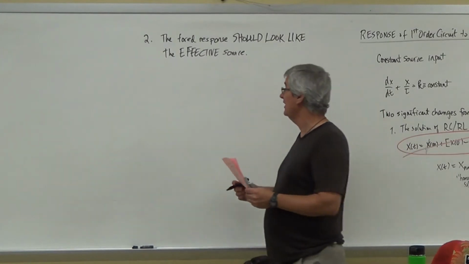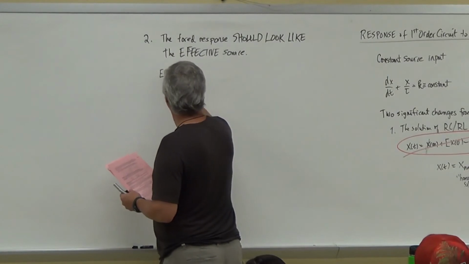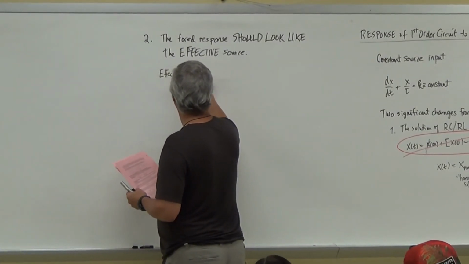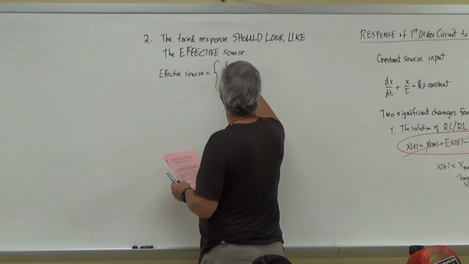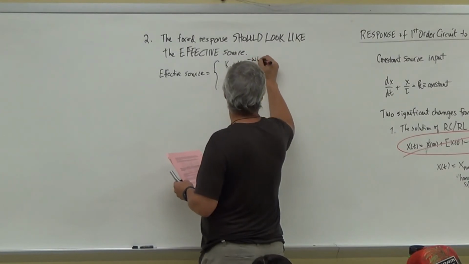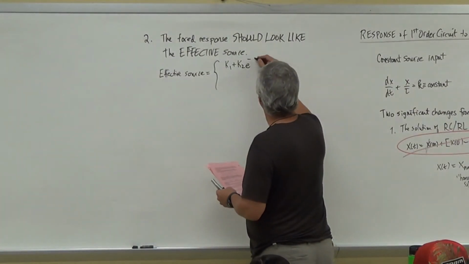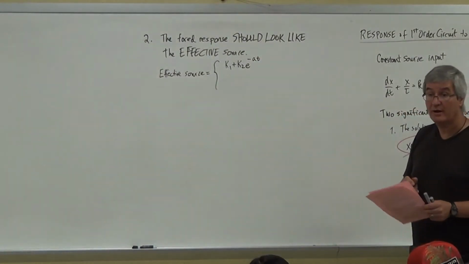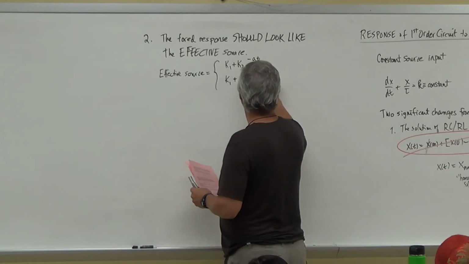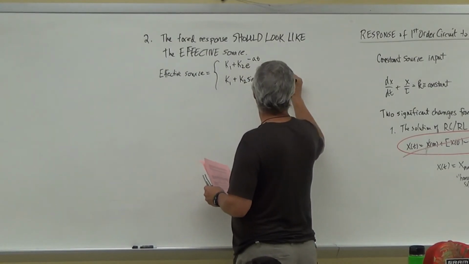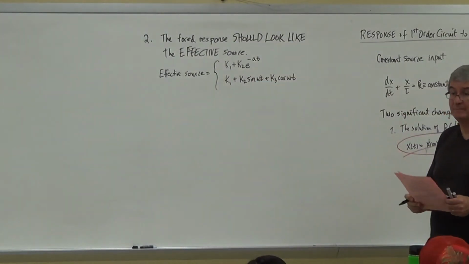What I mean is that our effective source is either going to look something like K1 plus K2 e to the minus omega t, or At. Or it's going to look like K1 plus K2 sine omega t, K3 cosine omega t. So it's got to look like either form.